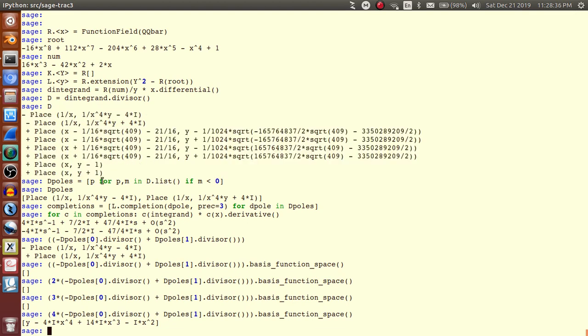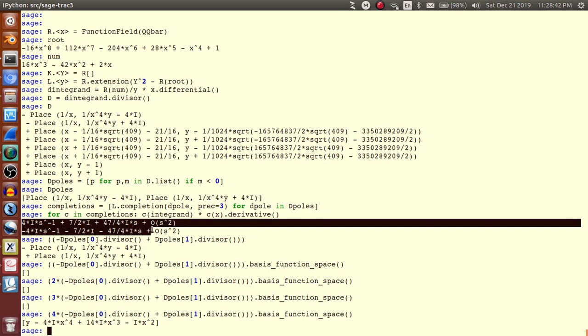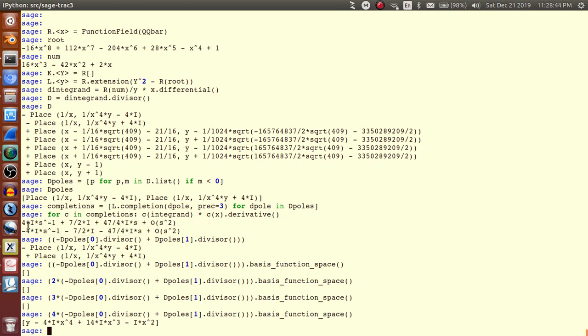And then to find the logarithmic terms in our integral, we want to look at the poles in the integrand, and that's what we've got here.